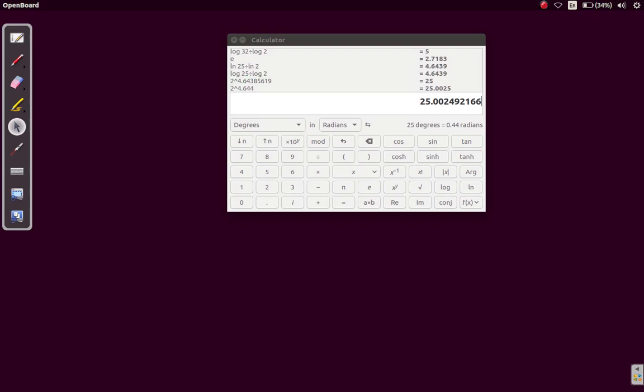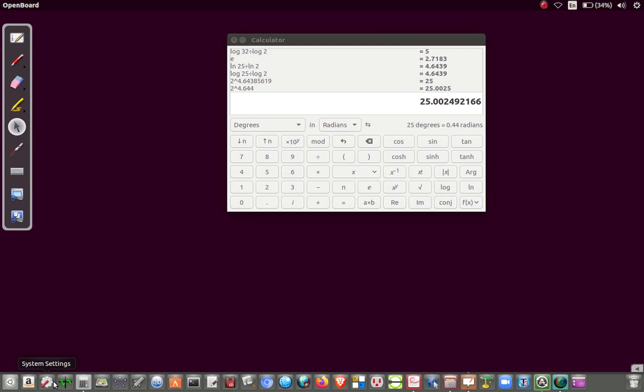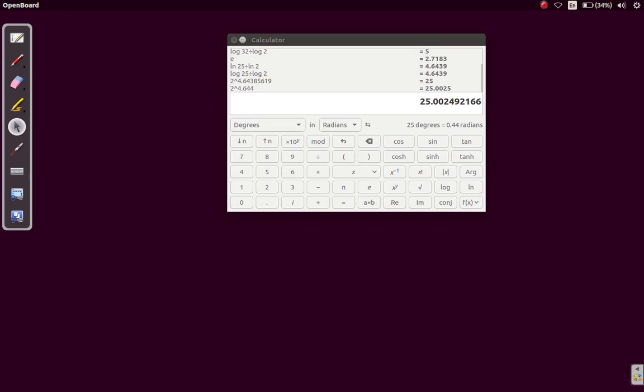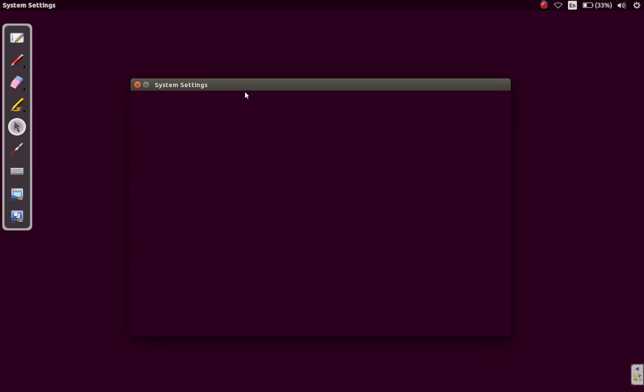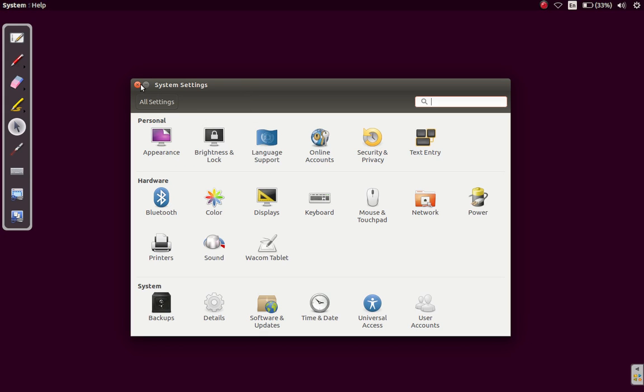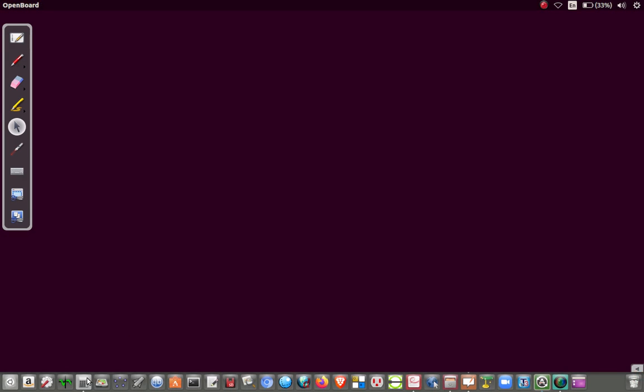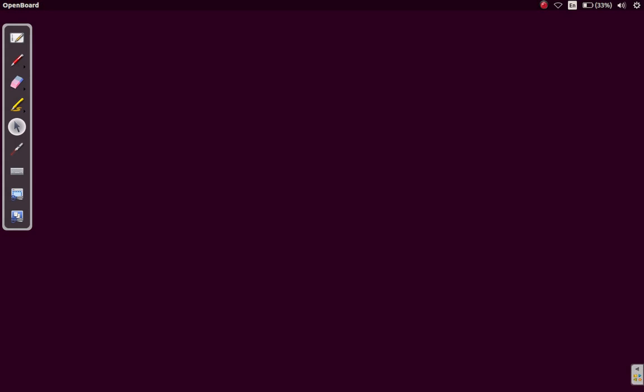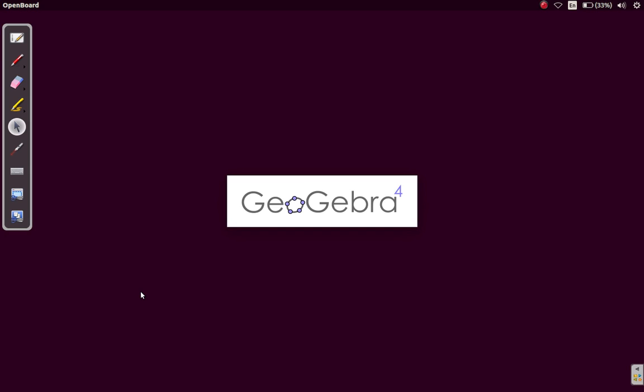Let me use my graph plotter, GeoGebra, and see an example of what the graph might look like. Waiting for my graph plotter to load up.